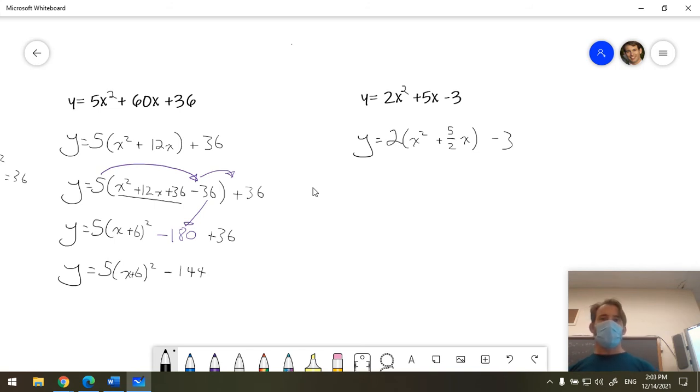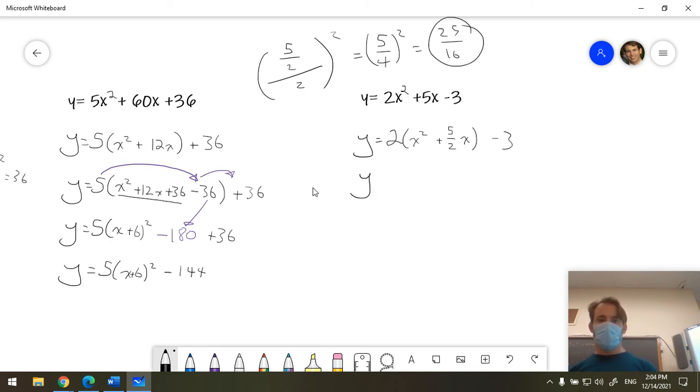Now I take 5 over 2 and divide it by 2 and square it. Okay, that looks like the stuff of nightmares. So simplify it. Half of 5 over 2 is 5 over 4. And then I want to square that. That's equal to 25 over 16. There's my Jerry Maguire number.